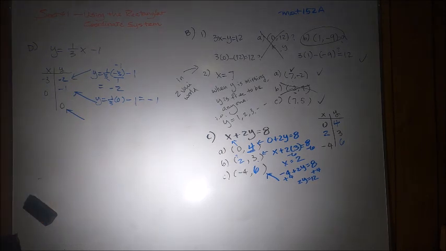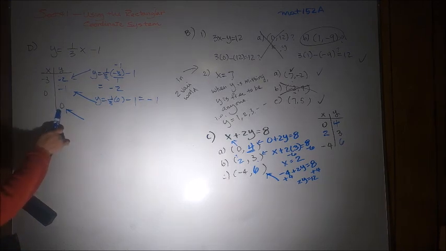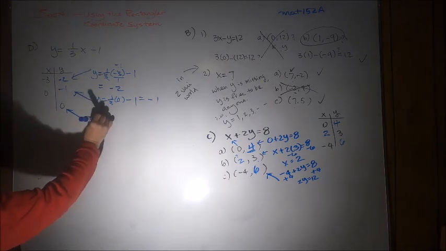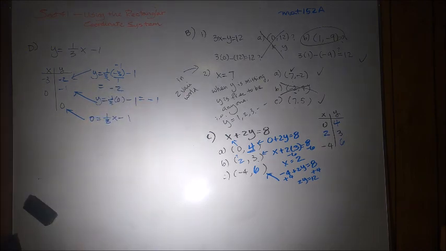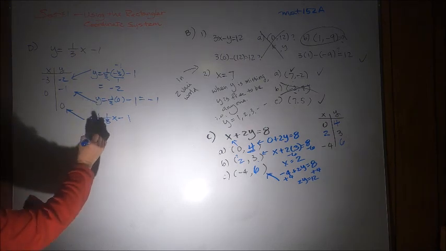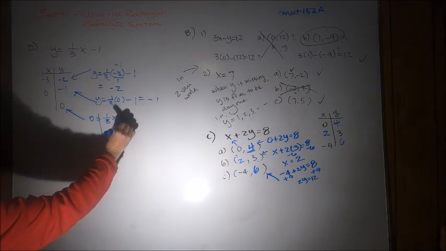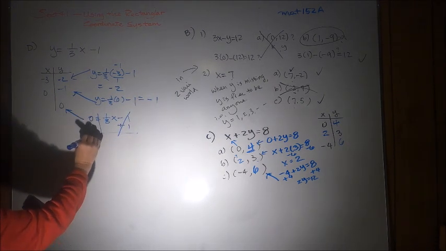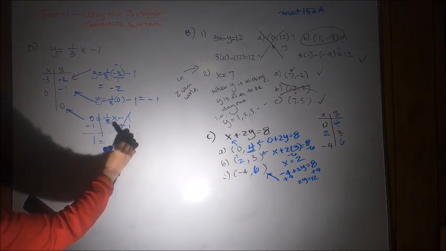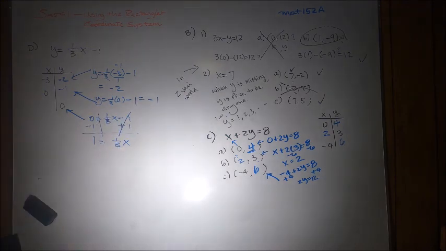And this one, y is 0. So you say 0 equals what? 1/3 x minus 1, right? Then how do you find your x? Solve for x. Get x by itself, right? So add 1, so 1 is 1/3 x. Then how do you find your x? Get x by itself.